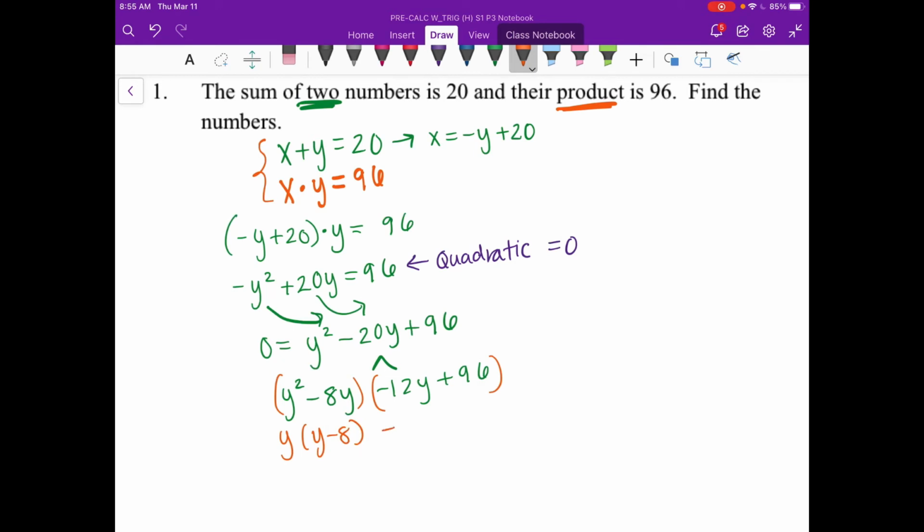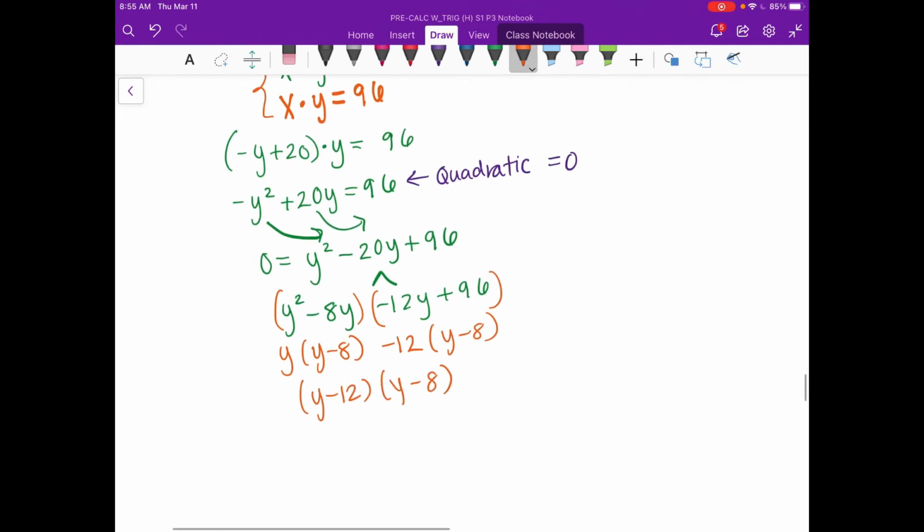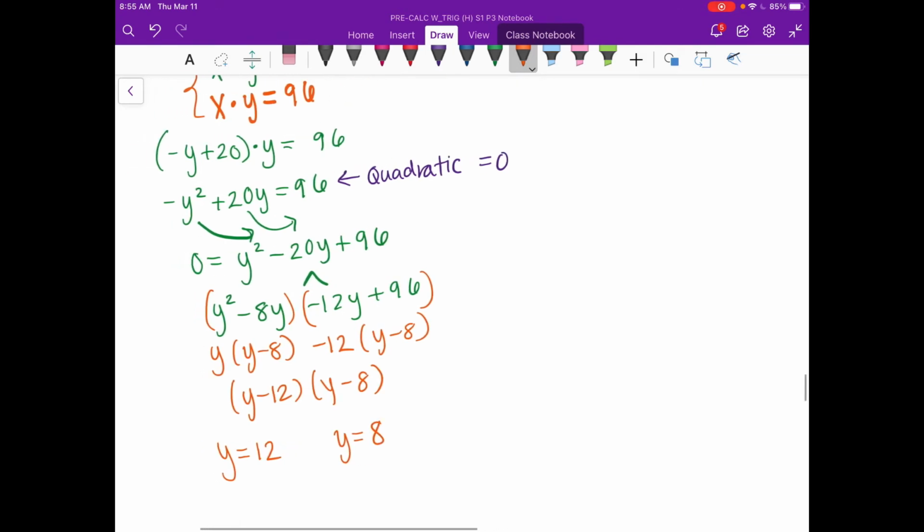Take out a negative 12 from the second term. And I end up with y minus 12, y minus 8. Okay, set those factors equal to 0, and you end up with y equals positive 12 and y equals positive 8. So your numbers, once you're done, your y values should be 8 and 12.